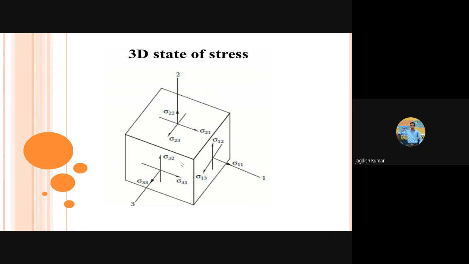So what is the physical significance of these sigma 1 1, sigma 1 2, and so on? It can be understood from this figure. Because we are talking of a continuum model, we don't say this is this crystallographic direction, that is that crystallographic direction. We simply take, suppose, a crystal of cubic external shape.